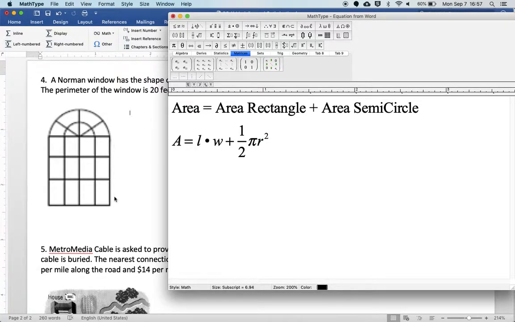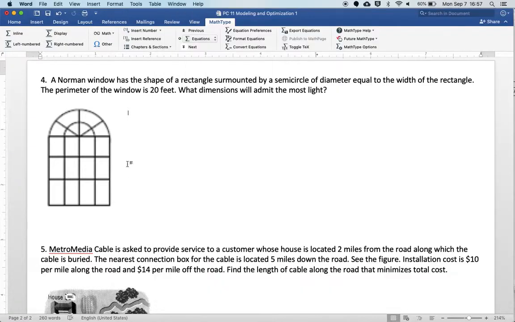The width is going to be that base, because the diameter of the semicircle is equal to the width of the rectangle. The diameter is across the bottom where it sits atop the rectangle, so that would be our width. And length are the sides there.